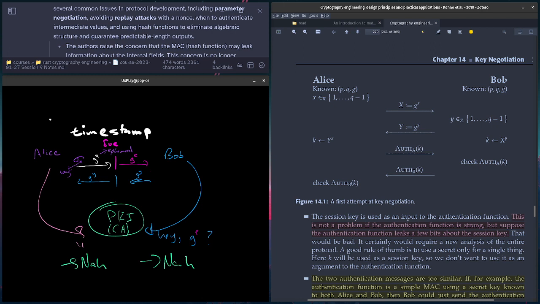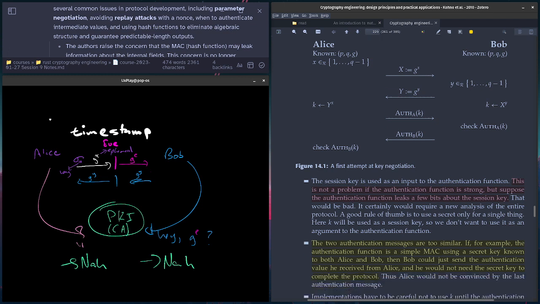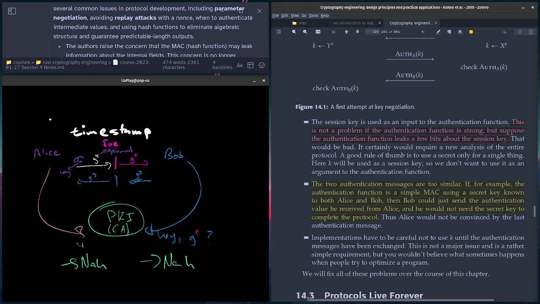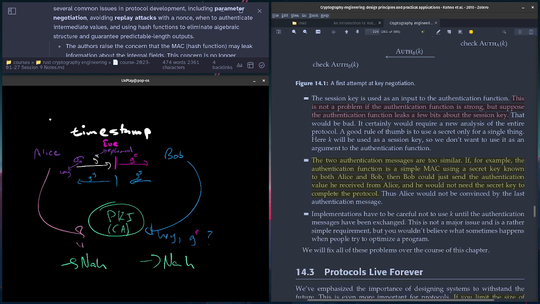C, the protocol does not specifically describe how to obtain forward secrecy using ephemeral keys. And D, the authentication messages, as they point out in the second bullet point here, are quite similar, and Eve might potentially either be able to infer information about the key or reuse the authentication message altogether if nonces are not correctly implemented, but of course they should be.